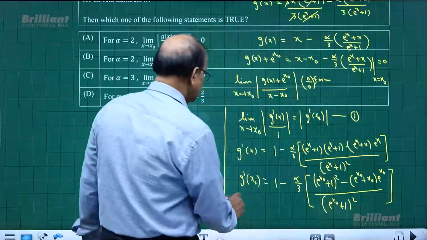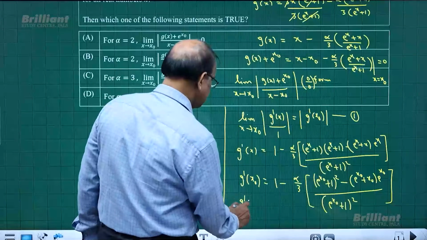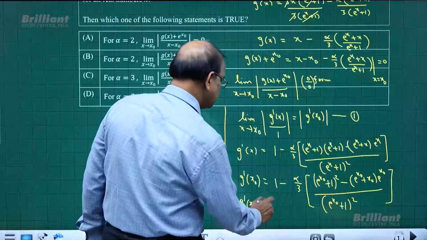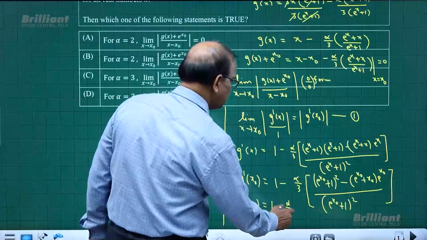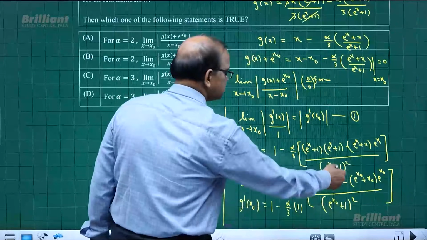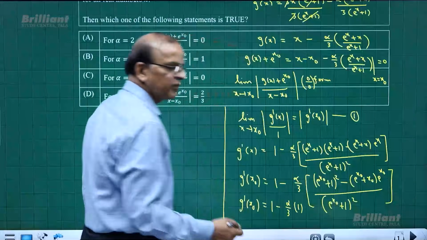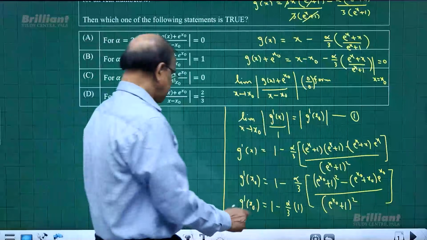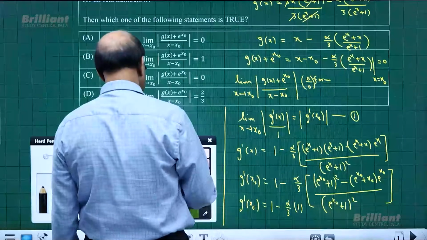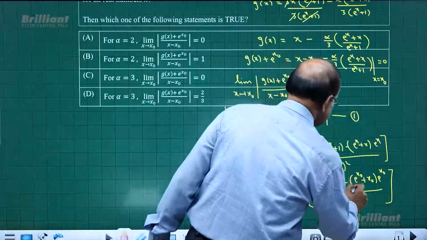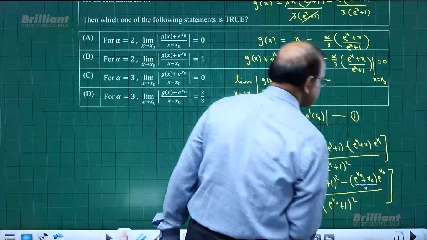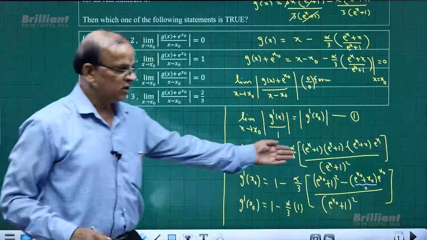Therefore g dash x naught is equal to 1 minus alpha by 3 into 1, because this cancels, and e power x naught plus x naught is 0, so this portion is 0. Therefore here 1.